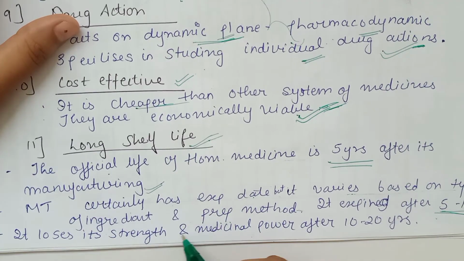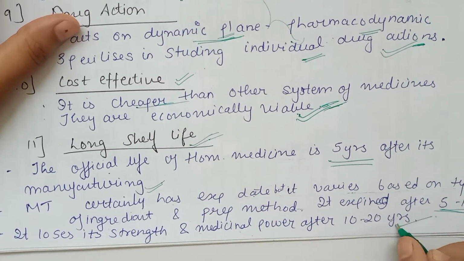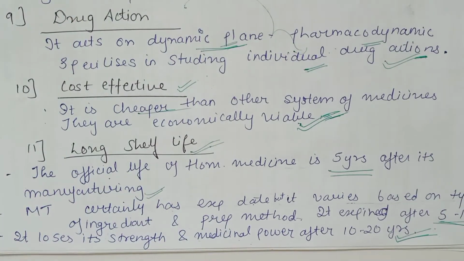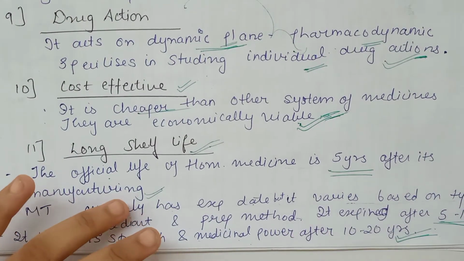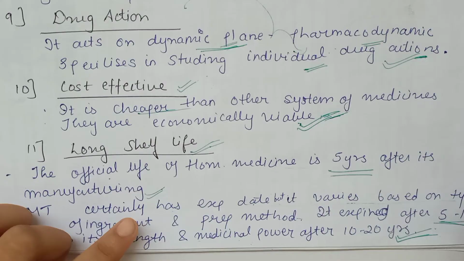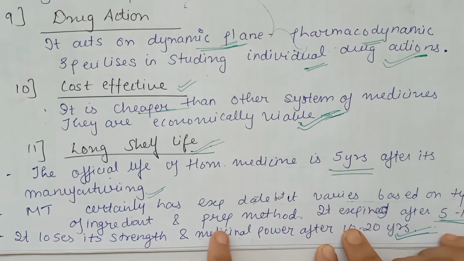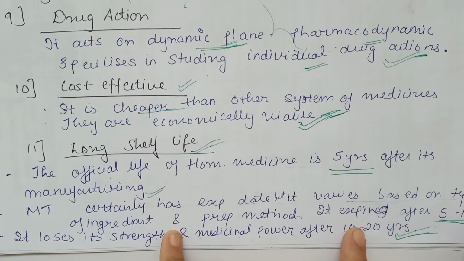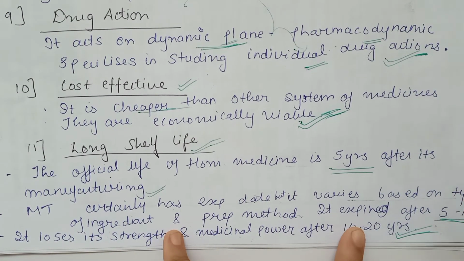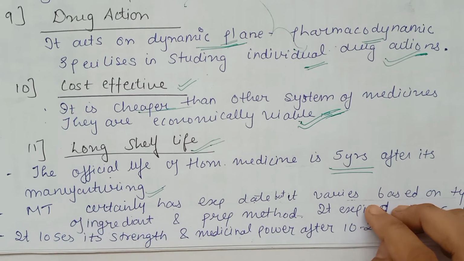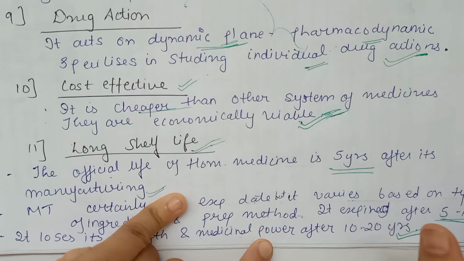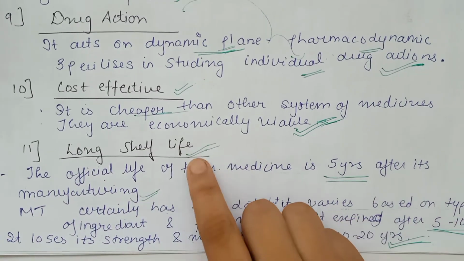Our medicines do not have any expiry date as such, but after 10 to 20 years they lose their medicinal strength and power. And जो mother tincture है वो 5 to 10 years तक we can use depending upon its ingredient and the method of preparation, और वरना normally 5 years तो रहता ही है. Okay, so long shelf life.